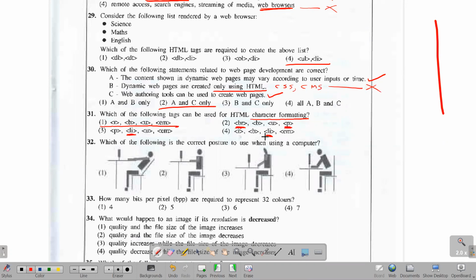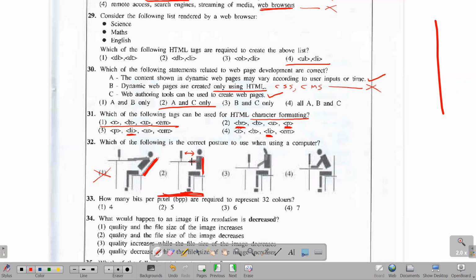32nd, which of the following is the correct posture when using a computer? Yeah, this is incorrect. You don't lean like this, right? This should be the correct answer because your back is straight, your feet are on the floor, and the monitor has a distance.